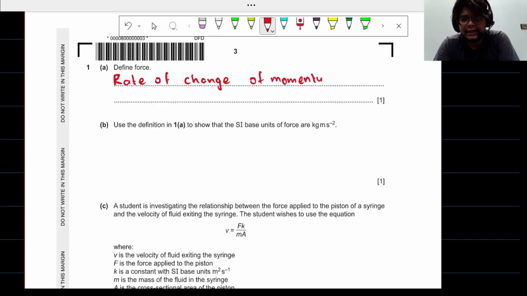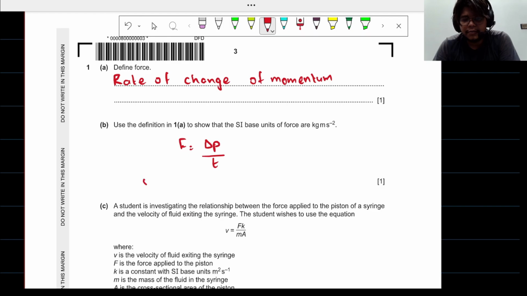Then it says to use the definition in part A1 to show that the SI base units of force are kilogram, meter, second to the power minus 2. There are many ways to show this, but we need to use the definition. We know that force is equal to delta P, the change in momentum over time.